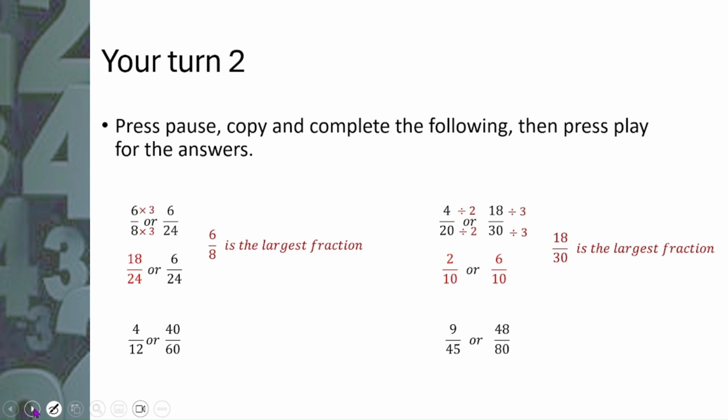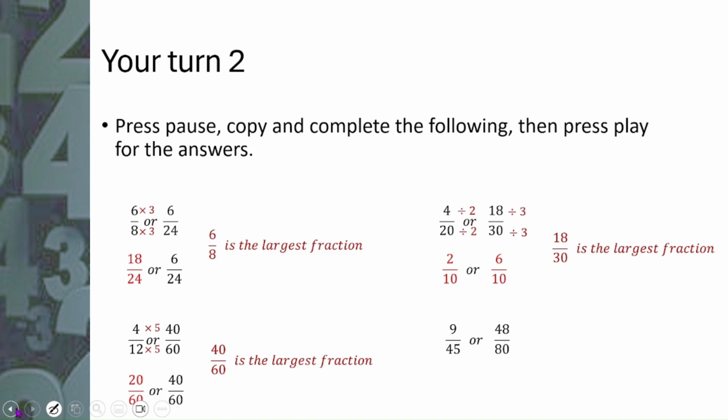Since 5 times 12 is going to give me 60. And 4 times 5 is going to give me 20. So now we can see that 40 over 60 is going to be bigger than 4 over 12. Again, make sure you use the original fraction from the question as your answer. There's 2 marks for this, guys, for each one of these questions.